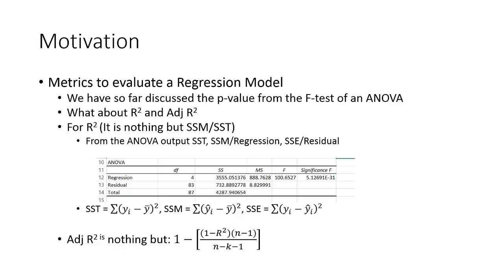Now, going back to a bigger topic: as a metric to see how good a regression model is, especially in a multiple regression where there are many input variables, this r square is not great, because r square by definition will only increase as you keep on adding more and more variables. We will be discussing this in great detail in our lectures on the bias variance dichotomy.